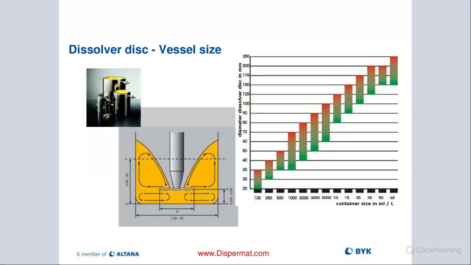Just a recap of what's important when we are pre-dispersing: the dissolver disc to vessel size ratio. There is not one blade that fits all different container sizes. Our rule of thumb is that the blade diameter should be about 1/3 of the vessel diameter. If you look at the table on the right, let's take a 1 liter vessel.